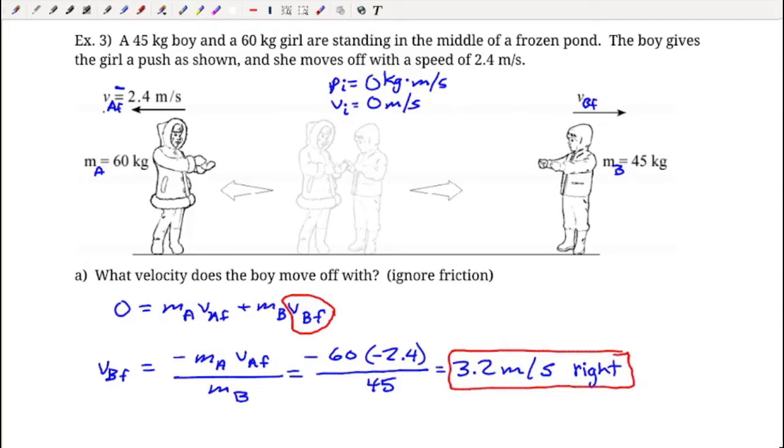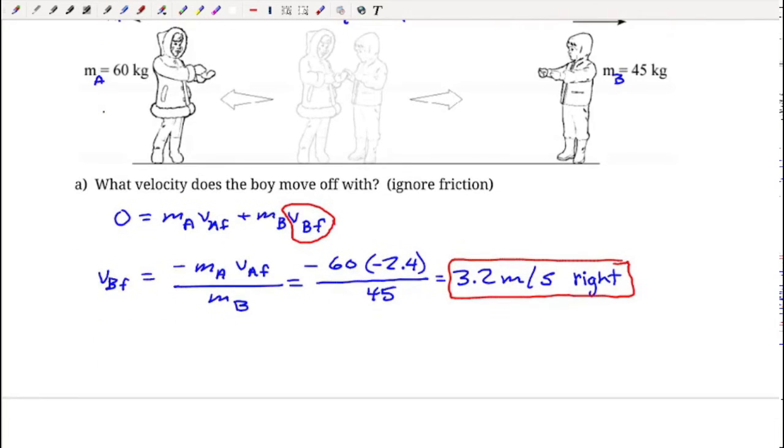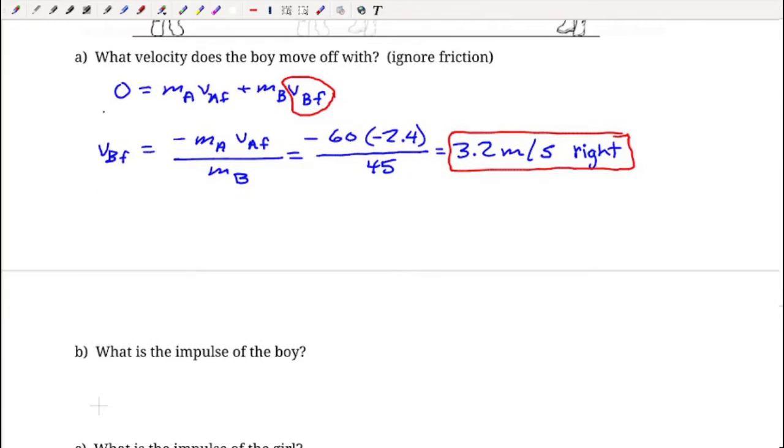Now this question continues on the next page, so don't lose sight of this information. Part B, what is the impulse of the boy? Well, I know that impulse is change in momentum, is mass times velocity final, minus mass times velocity initial. In this case, my initial velocity was 0, so this part just kind of goes away, and I've got mass of the boy, which was 45 times the 3.2 that I ended up with.